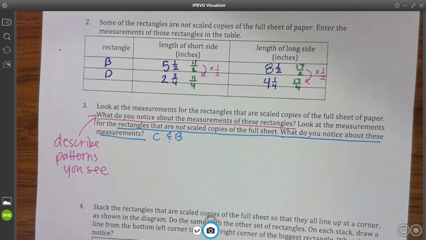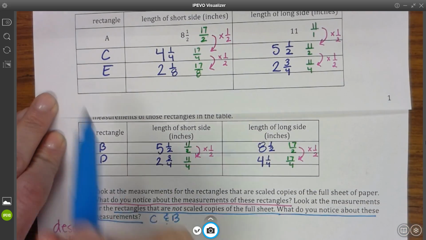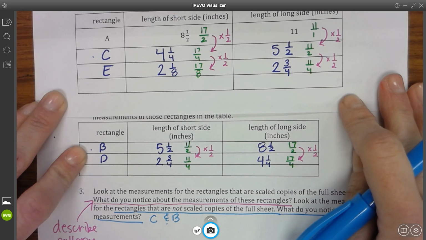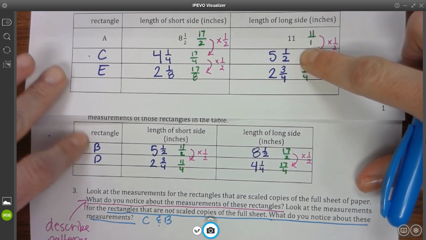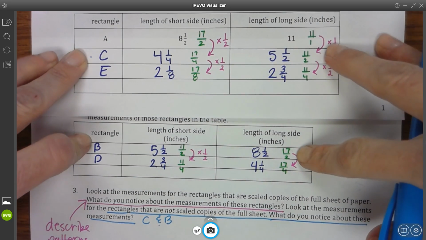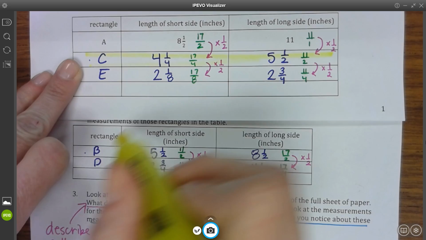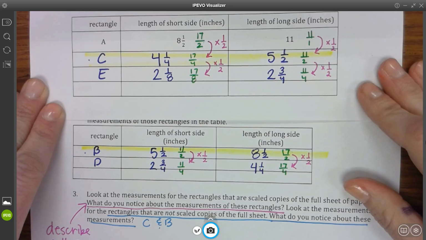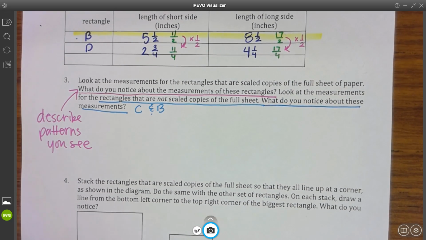So if I looked at my two sets of information, if I compared C with B, what do you notice about the measurements? Is there something that's the same? What could you write down that you notice? So your job is going to be to write down in number 3 some things that you noticed.